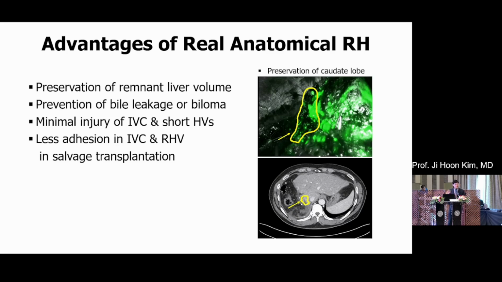We cannot dissect the IVC because this area is not right liver but paracaval portion. So there is minimal injury to the IVC and short hepatic veins. And in salvage liver transplantation, there is less adhesion around the IVC and right hepatic vein with this procedure.